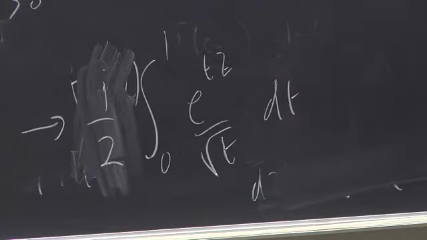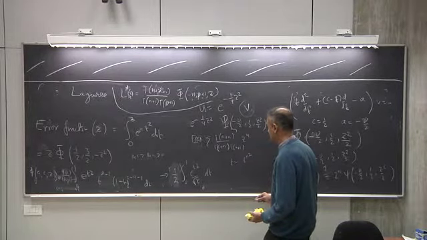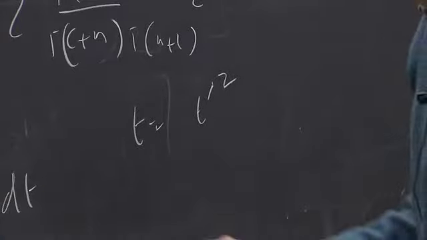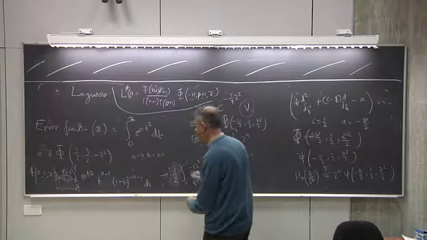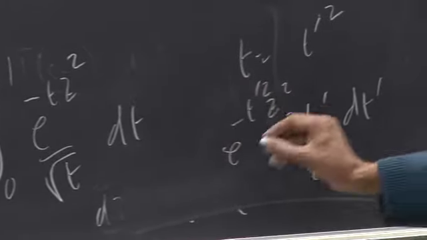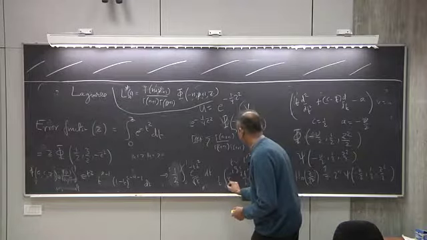Now to compare with that, with the argument minus z squared, take t equal to t prime squared. Then you get 2 t prime dt prime, root t is t prime, and here you get e to the minus t prime squared z squared, with the half, from 0 to 1.